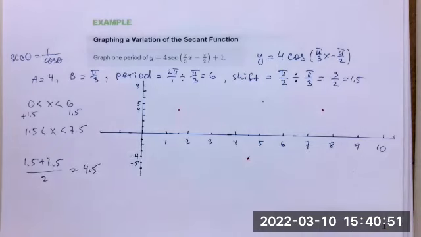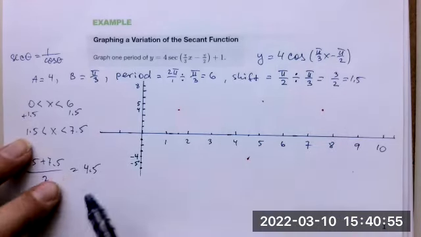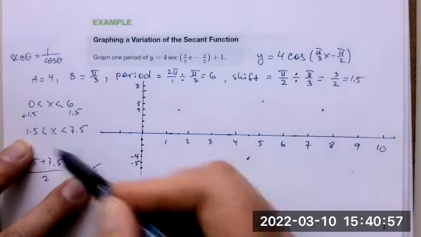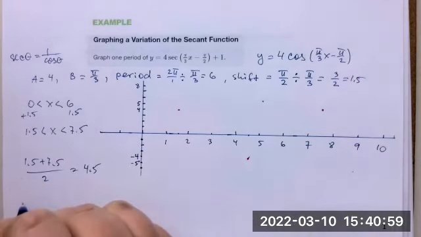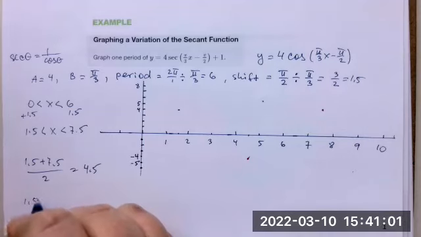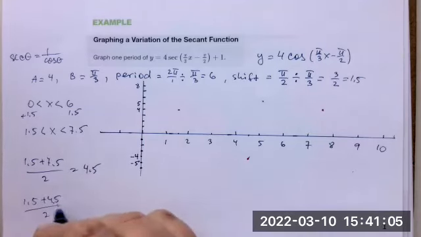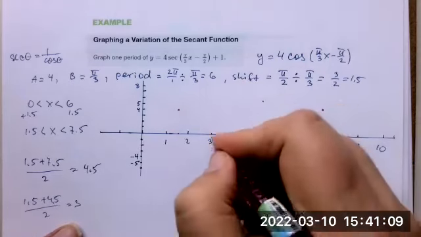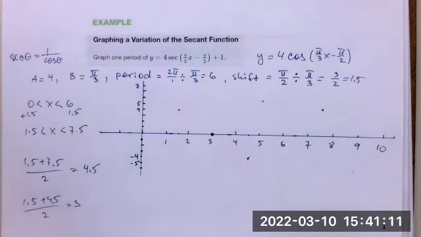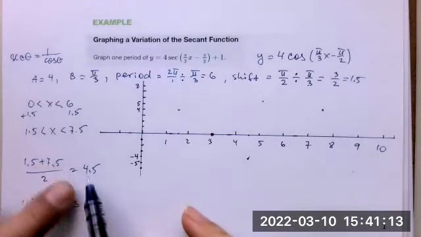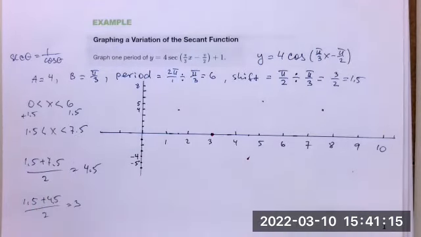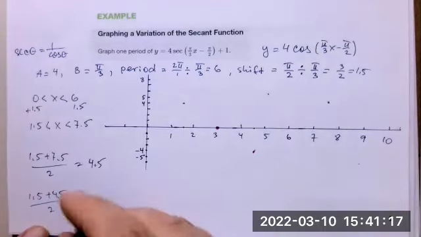Now, where does this cosine cross the x-axis? Well, the first cross is between 1.5 and 4.5. So 1.5 plus 4.5 over 2. So that's 3. It's going to cross here. And the second one is between 4.5 and 7.5, the second cross.